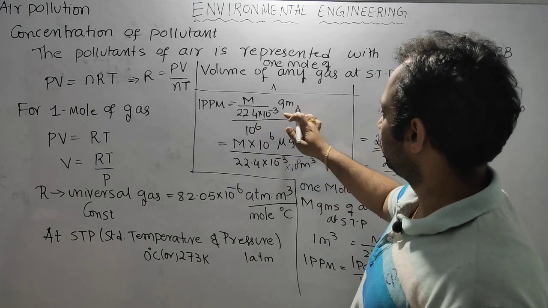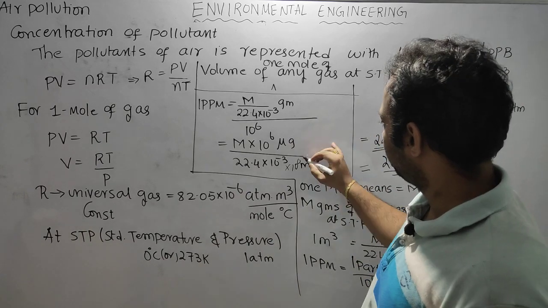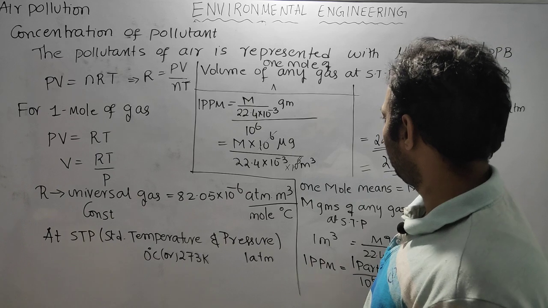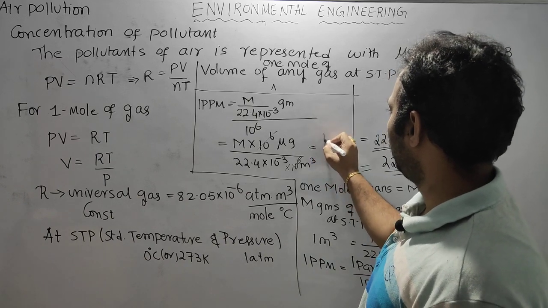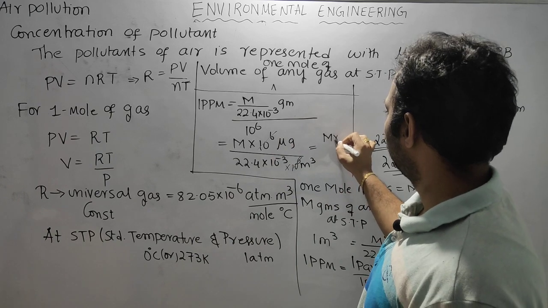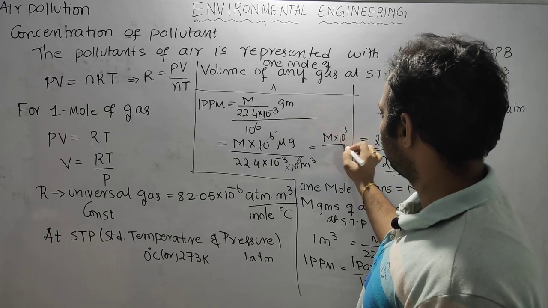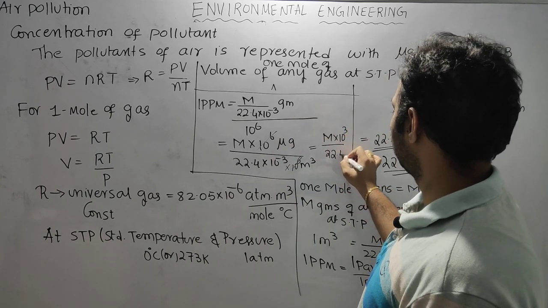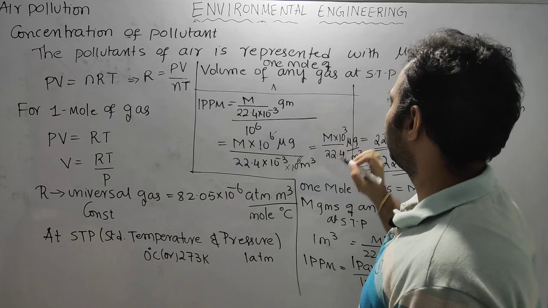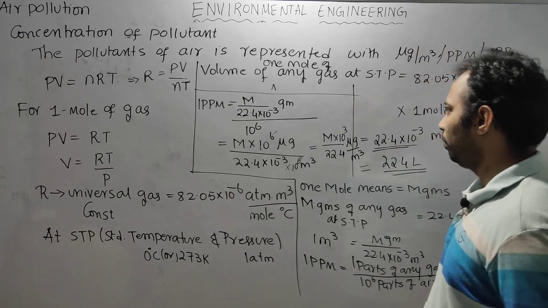So this 10 to the power of 6 in the denominator cancels with the 10 to the power of 6 in the numerator, which is equal to m by 22.4. This 10 to the power of minus 3 goes up. Microgram per meter cube.